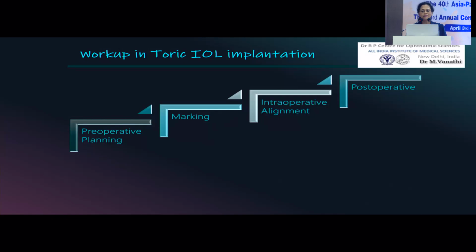Cyclotorsion is something which needs to be considered in these patients here. Proper intraoperative alignment: the error which I commonly see my residents making is erroneous placement of the Mendez gauge when they are placing it to mark. If they do not know how to orient the axis marker on the ocular surface, that can also lead to errors when they are implanting the IOLs.